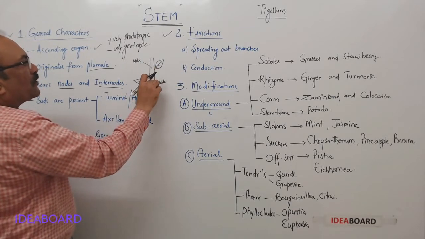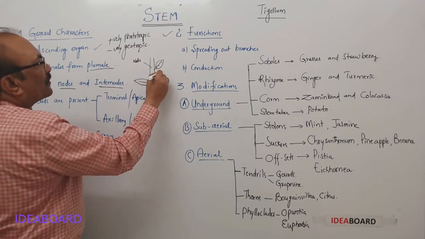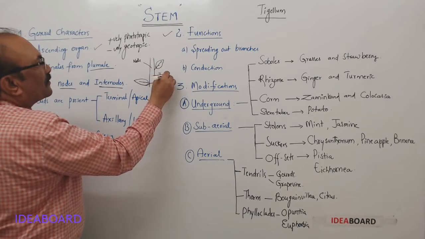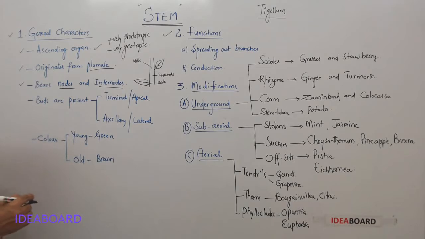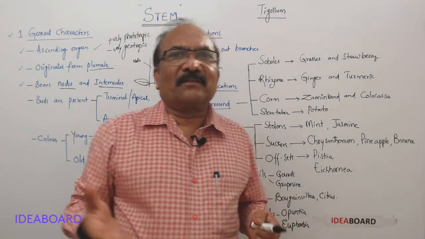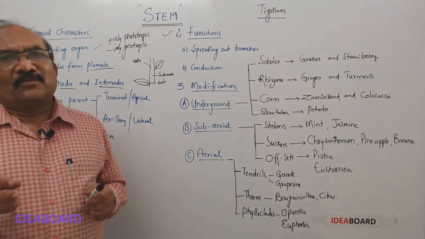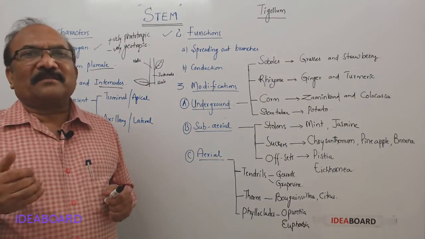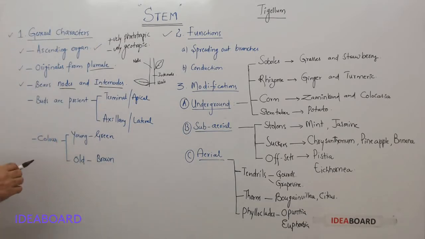The place between two successive nodes is called an internode. So as leaves are absent, nodes are absent, and as nodes are absent, internodes are absent in roots. But in the stem, as leaves are present, nodes are present and internodes are present. That is a very important differentiating character.